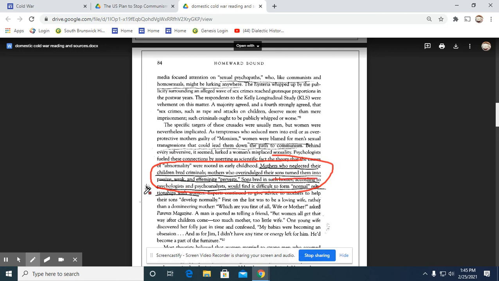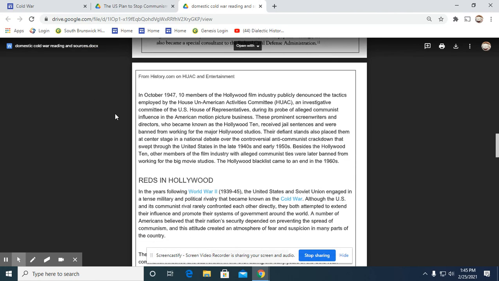They turn them into passive, weak, effeminate perverts. So this is actually using an argument of mollycoddle, where the question of what makes somebody a sexual deviant is possibly a result of mom spending just too much time with the individual. So putting blame on the mother. Look up the term mollycoddle if you want some more information.